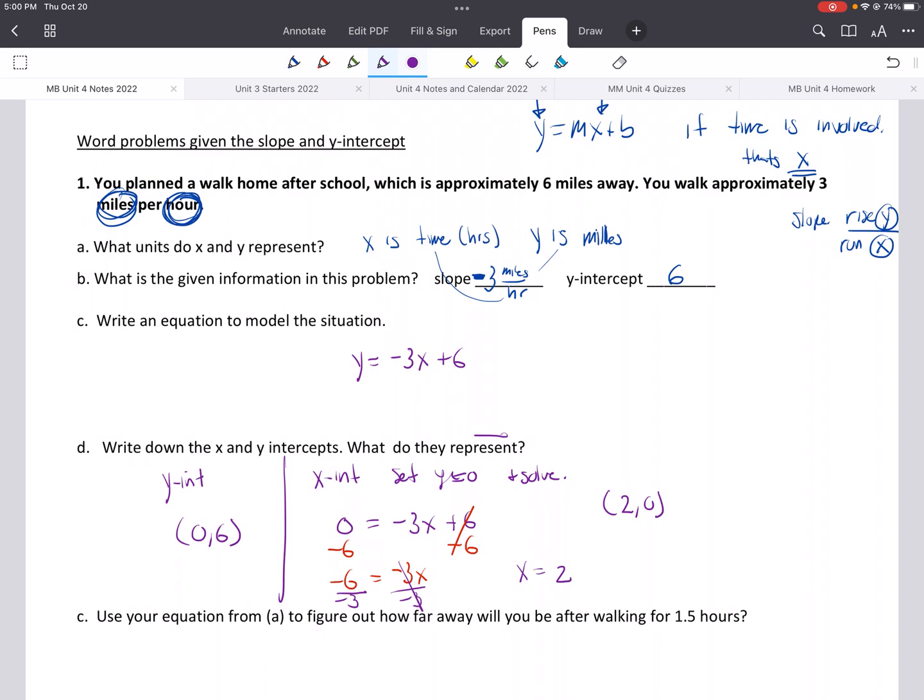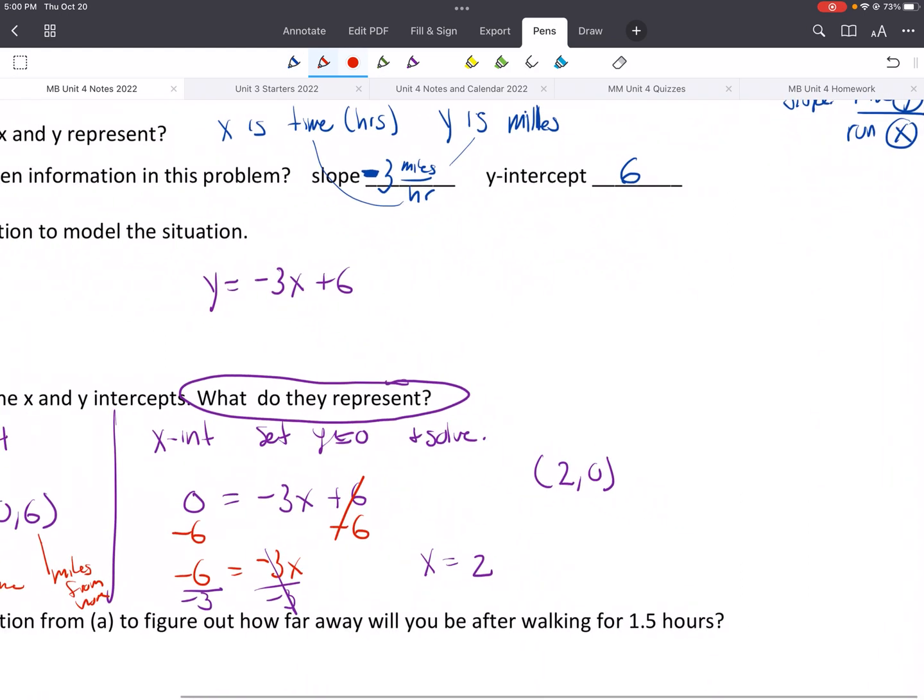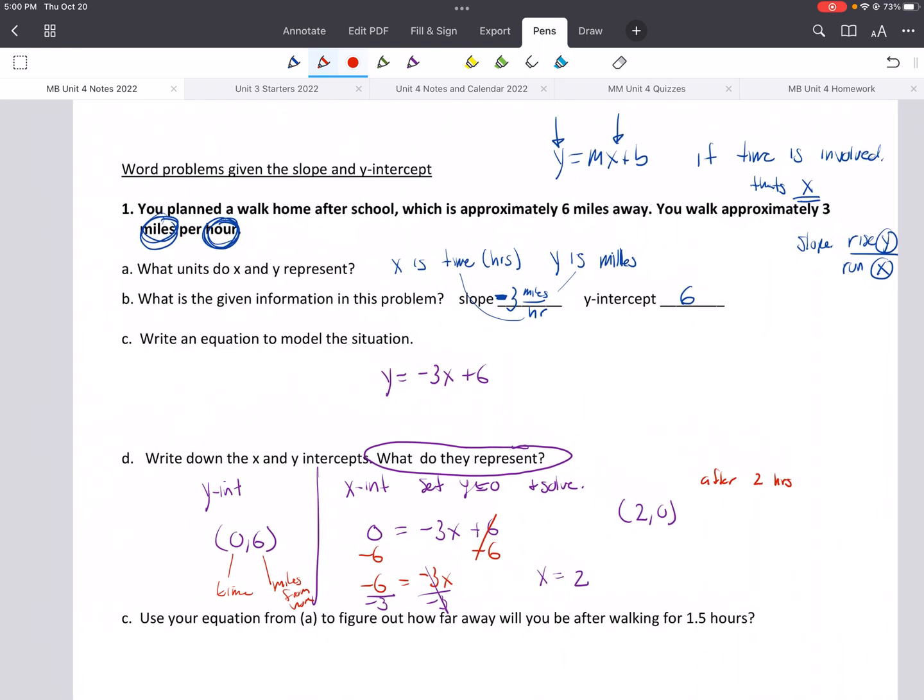And then one thing that's important that I'm going to ask you to do on a test is to say what that represents. So for the y-intercept, that's saying at time of 0, he's 6 miles from home. And then for this one, and we probably should use a sentence, this is saying after 2 hours, who are we talking about here?